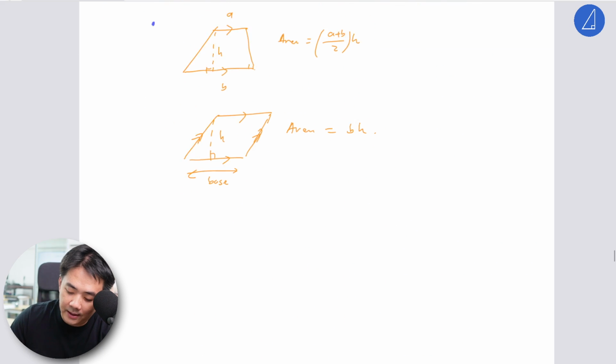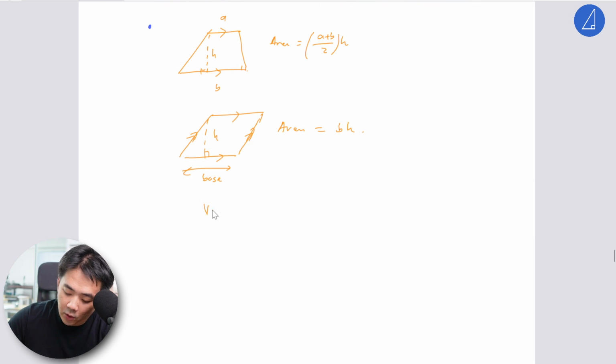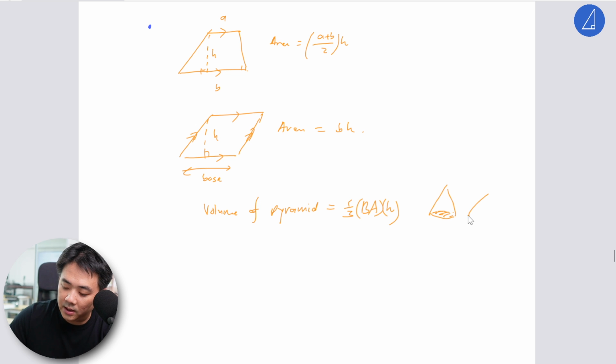Then, for example, volume of pyramid is 1/3 base area times height. Okay, so remember a cone, although it's not really a pyramid, also adheres to this shape.